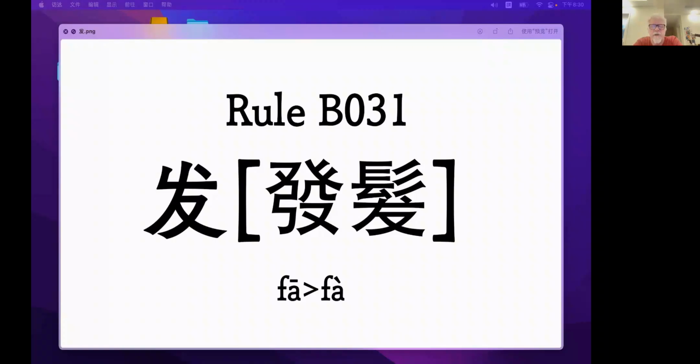So both of these characters were pronounced fa, and they decided to make them into one simplified character that took a lot of study to see how it got simplified. So take a look and study these three characters, and does anybody have any questions?